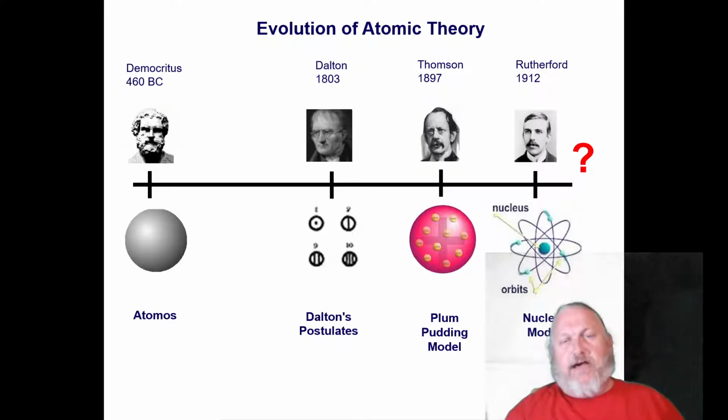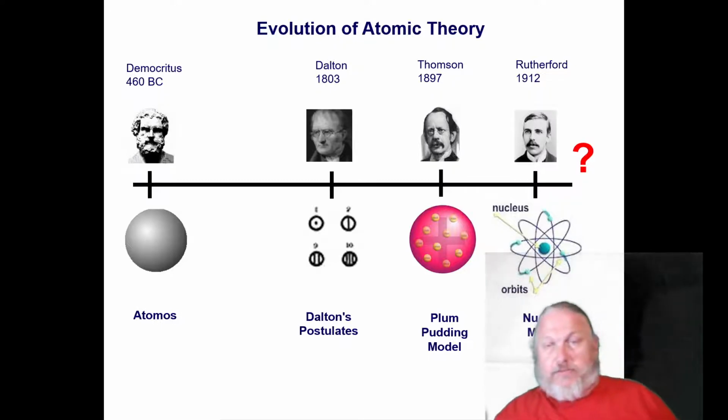And then in 1897, about 95 years later, J.J. Thomson discovered the mass-charge ratio of the electron, hypothesized about the electron, discovered the electron, and he came up with the plum pudding model of what the atom was like.